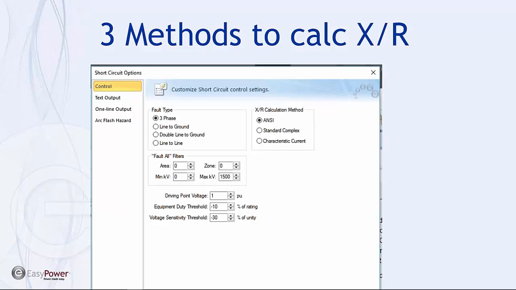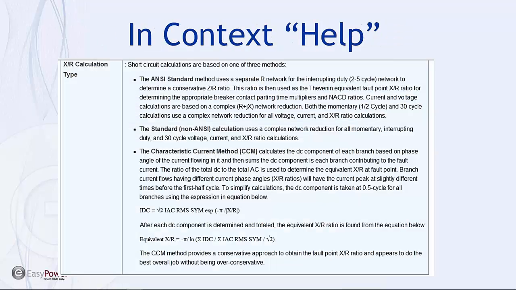If you go into the context help button or window, you'll see a description of what each of these methods affords. I would encourage you to go through an exercise comparing each of the methods on a circuit that you're familiar with and see which seems to work best for you.